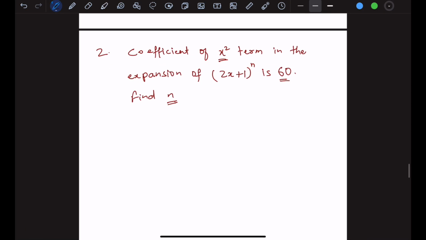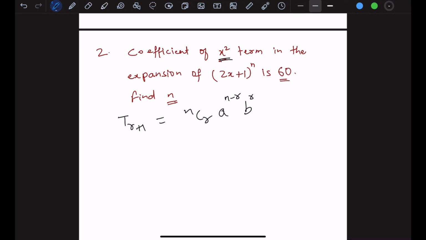It's a similar question which says: coefficient of x square term in the expansion of (2x plus 1) to the power n, where n is 60. We need the coefficient of x square. So here we will not try to expand everything. We know the generic term of the binomial theorem is nCr a to the power n minus r, b to the power r.